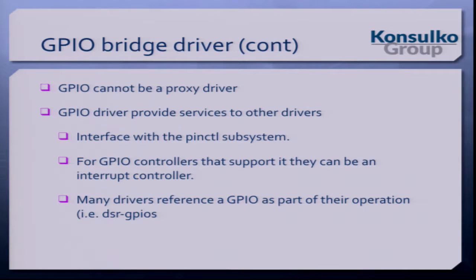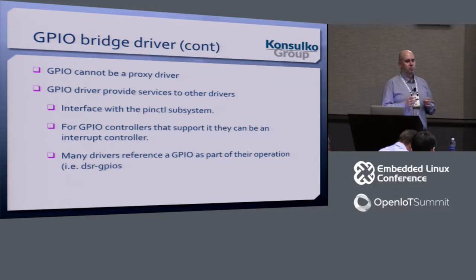There's no way to describe that with a simple mapping function, so you need an intermediate driver to forward the request to the real GPIO.